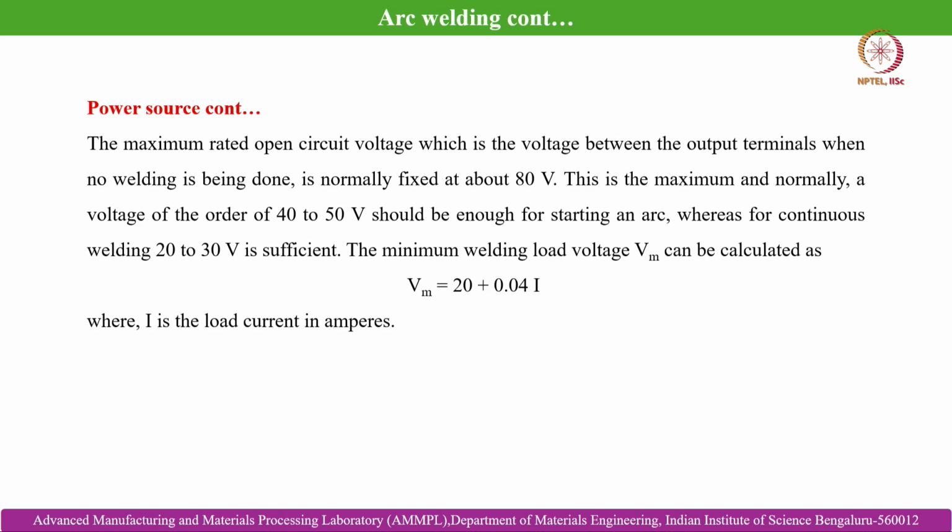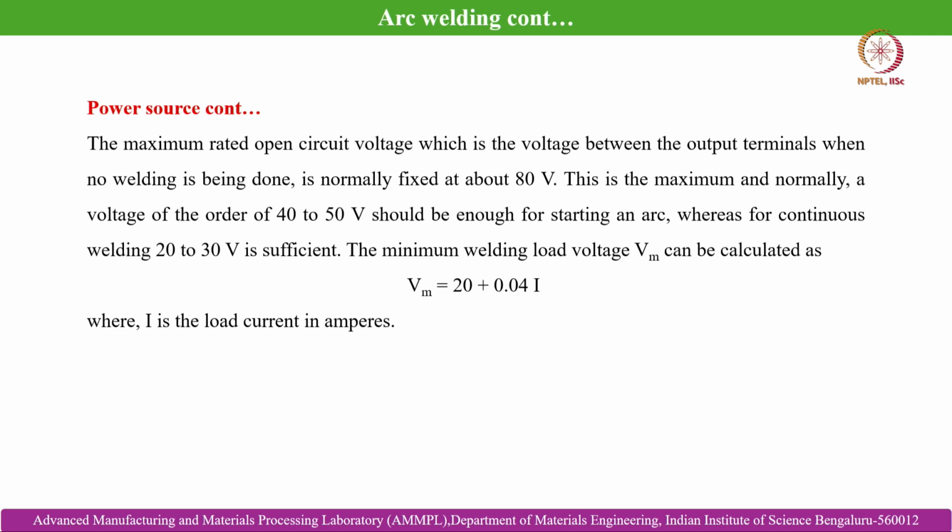The maximum rated open circuit voltage, which is the voltage between the output terminals when no welding is being done, is normally fixed at about 80 volts. This is the maximum, and normally a voltage of the order of 40 to 50 volts should be enough for starting an arc, whereas for continuous welding 20 to 30 volts is sufficient.